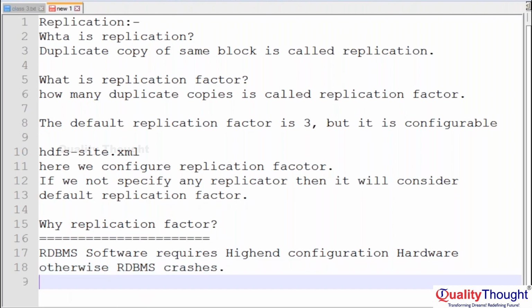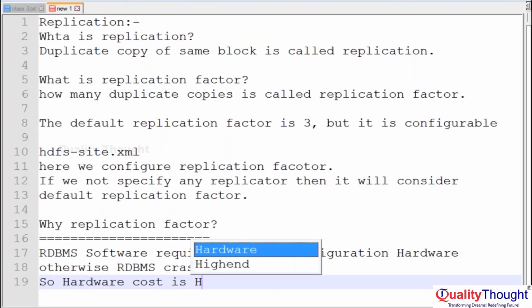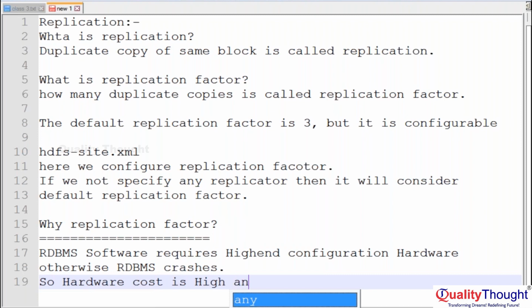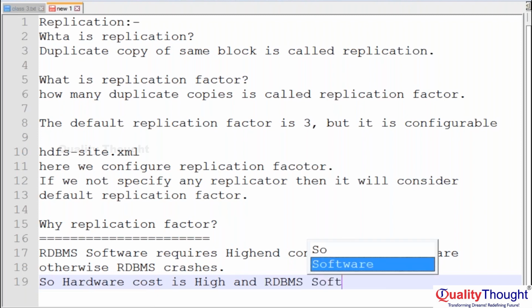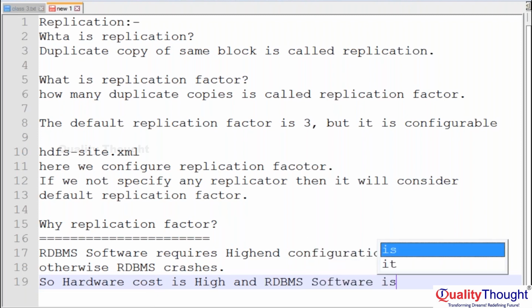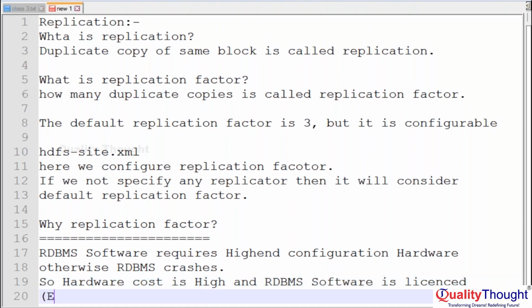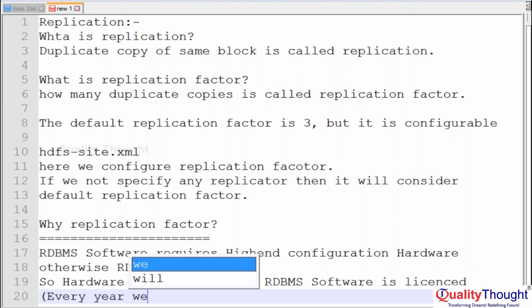So hardware cost is high, and RDBMS software is licensed. Every year we have to renew.